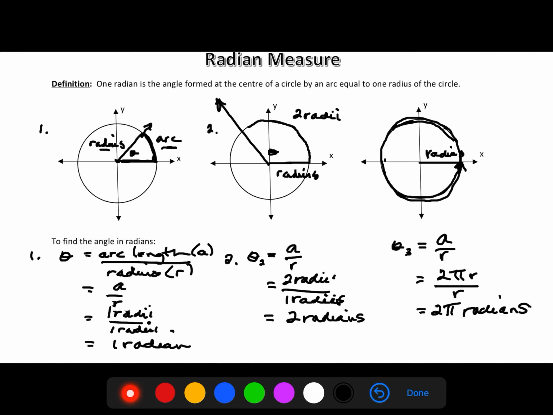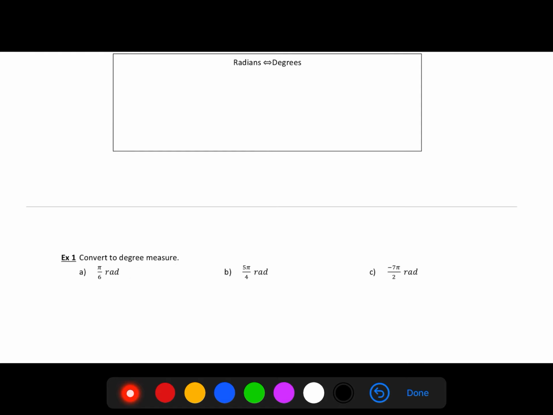So 2 pi radians is 1 full rotation, which by extension means that if we are changing radians to degrees, we know that 2 pi is equal to 360 degrees. So pi has to be equal to 180 degrees.